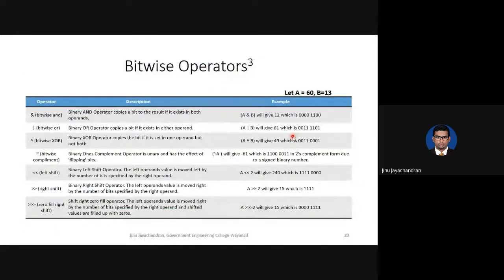Now there are bitwise operators, where the operation happens not on the complete memory value but on each bit in the memory. For example, ampersand means that you do a bitwise AND between the two variables.